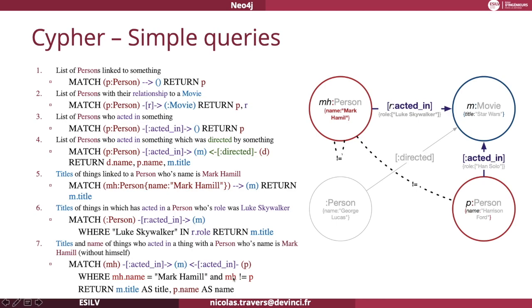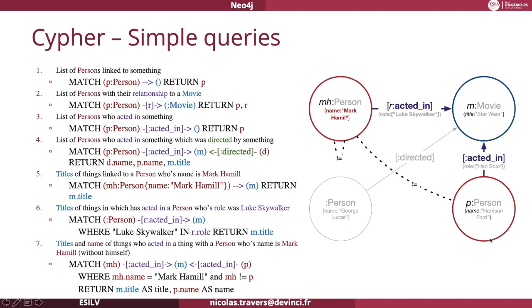So we want it to be different from Mark Hamill himself, so we don't want this link. This is because Mark Hamill has acted in the movie, so he has co-acted in it. So we want him to be different.